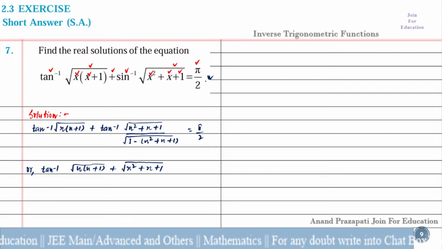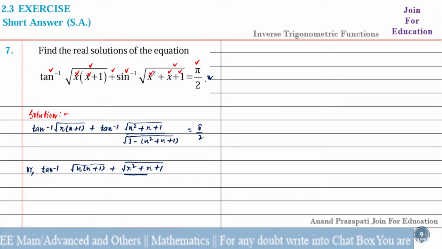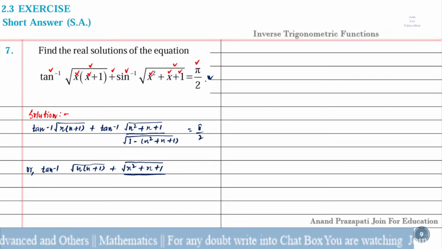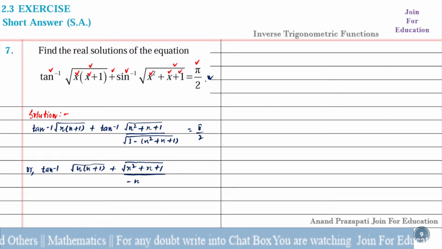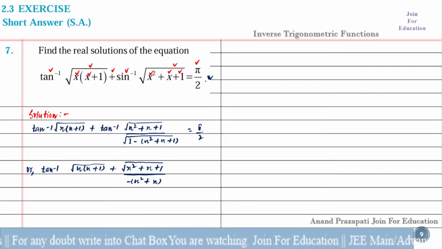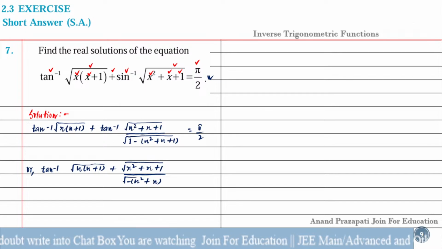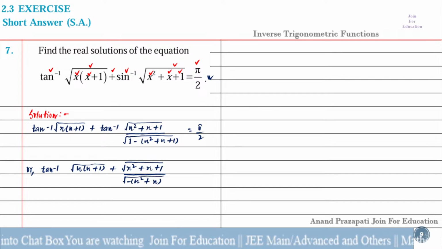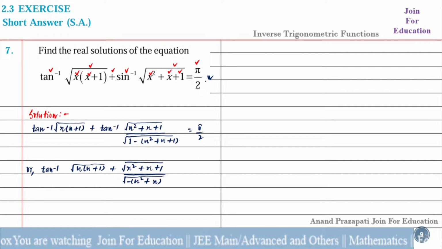Then here will be minus x square plus x over root. Is there any problem understanding up to this step?